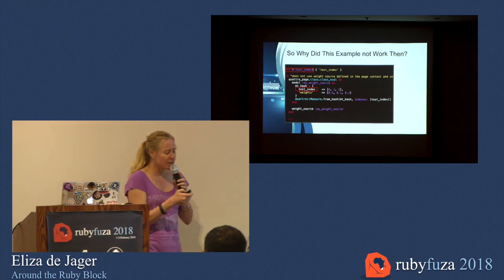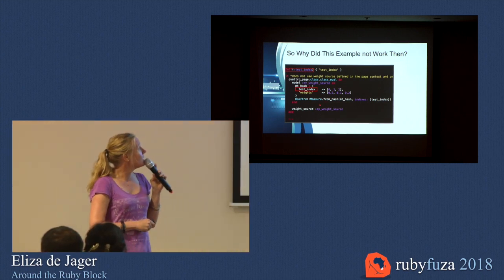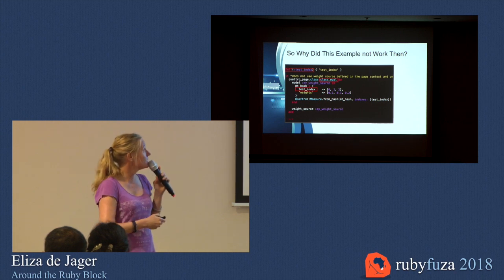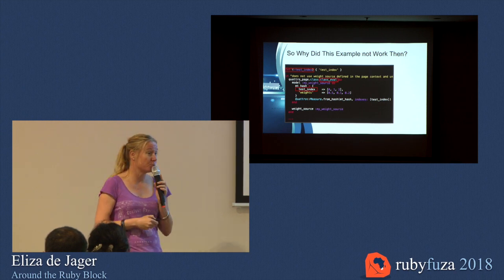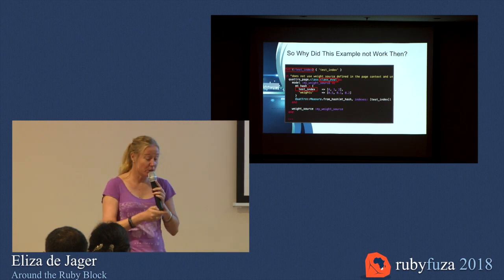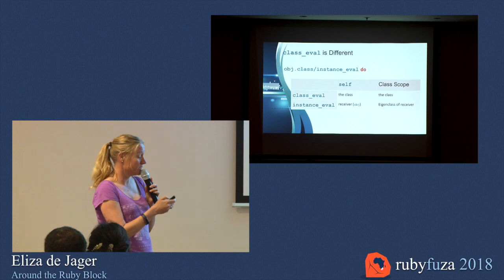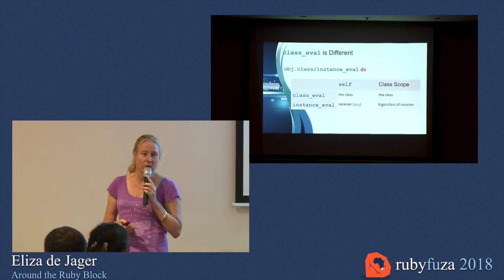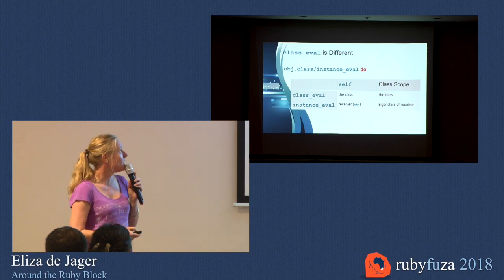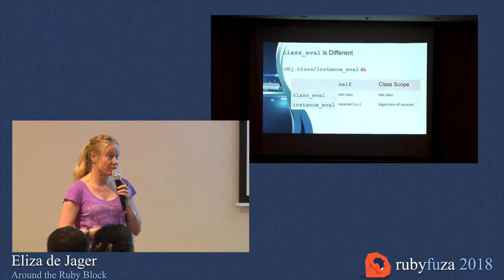If we take a closer look at this code, we will see that the one method call that takes the first block is actually class eval. You might remember this slide from my talk 2 years ago, where I went on and on about how important it is to always keep track of what self is when you are calling class or instance eval.